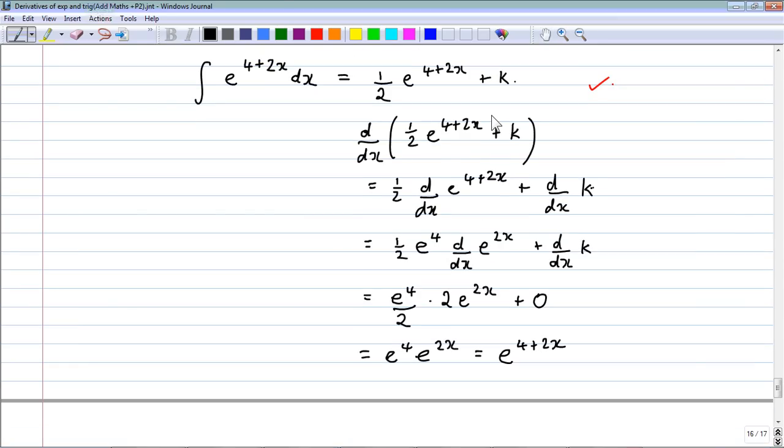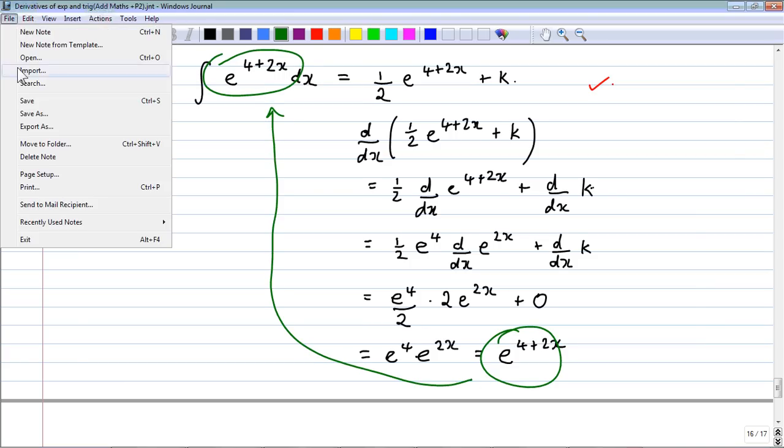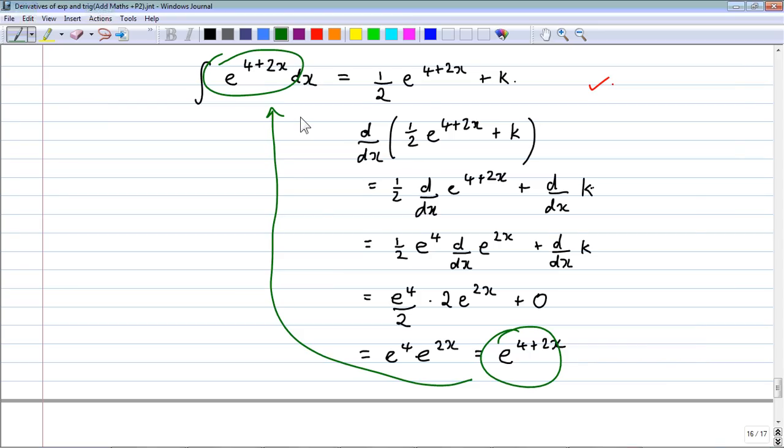And this answer is the same as the original function, so the whole process was correct.